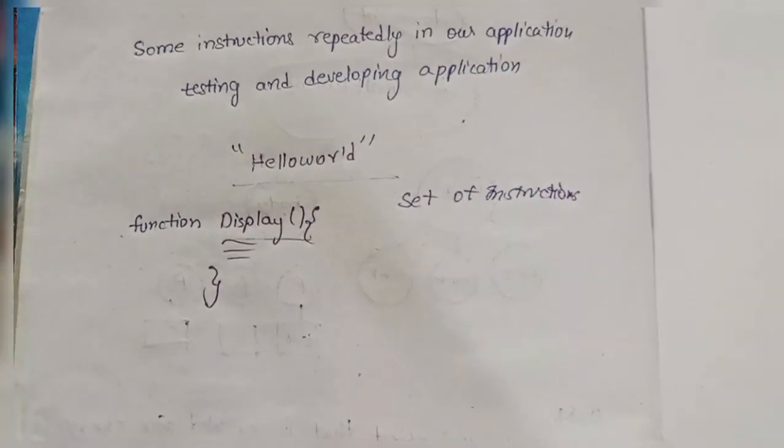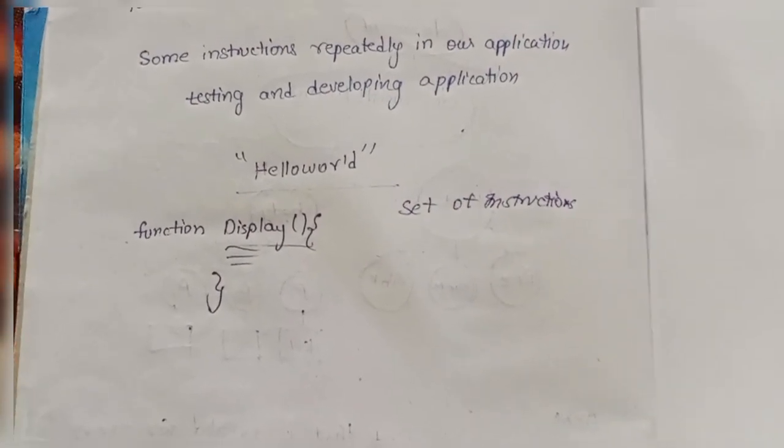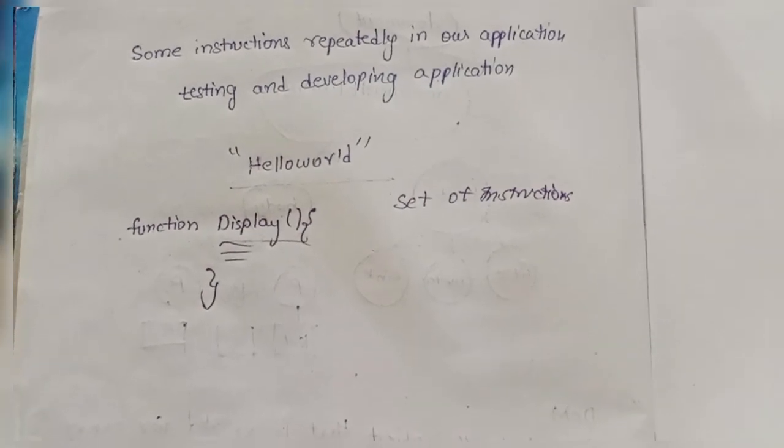Later, if we want to check that a specific task is not done properly, we just need to check that particular function, see what the problem is, and rectify it.